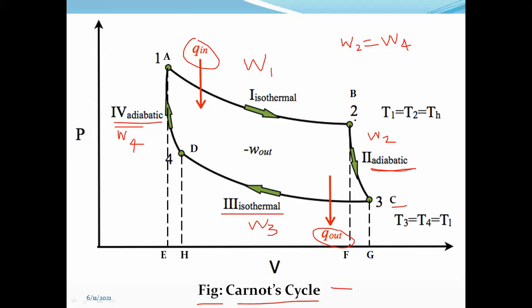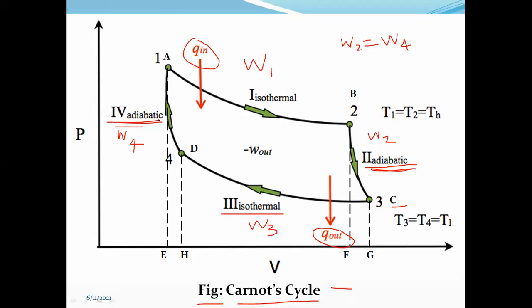From 2 to 3, the volume of the working substance increases, so we observe adiabatic expansion, and on the other hand for W4, from 4 to 1, we observe adiabatic compression.